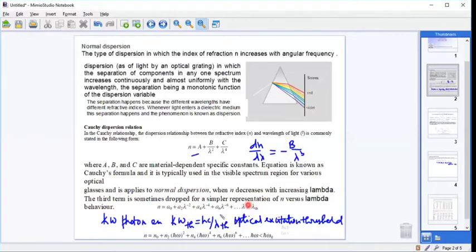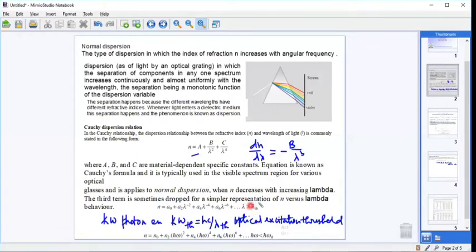Or, in another way, it can be written as n equals n0 plus n2 (h-bar omega) squared plus n4 (h-bar omega) to the power 4, and so on, as long as h-bar omega is less than h-bar omega threshold, since lambda and omega are reciprocal of each other.